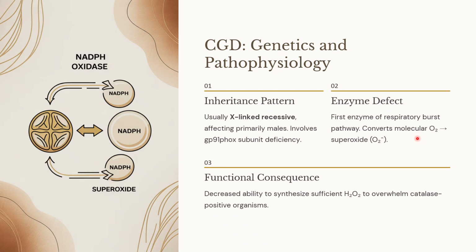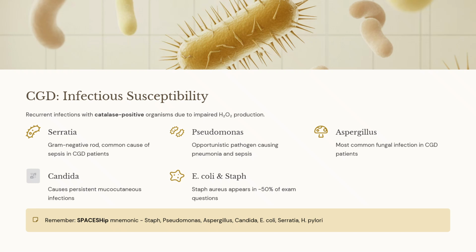There is only one problem with that. In catalase positive organisms, they can convert that H2O2 to H2O and oxygen, so that we will be left with little or no H2O2 to get converted to hypochlorous acid. Therefore, in catalase positive organisms, NADPH oxidase deficiency is very severe.